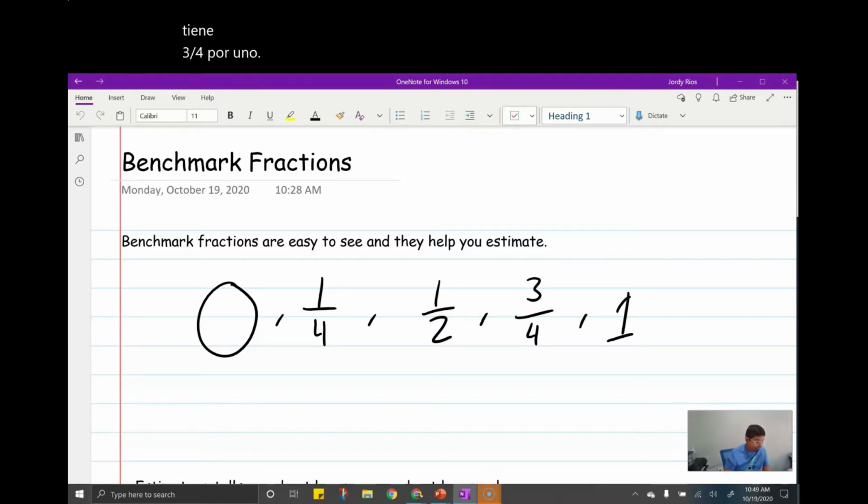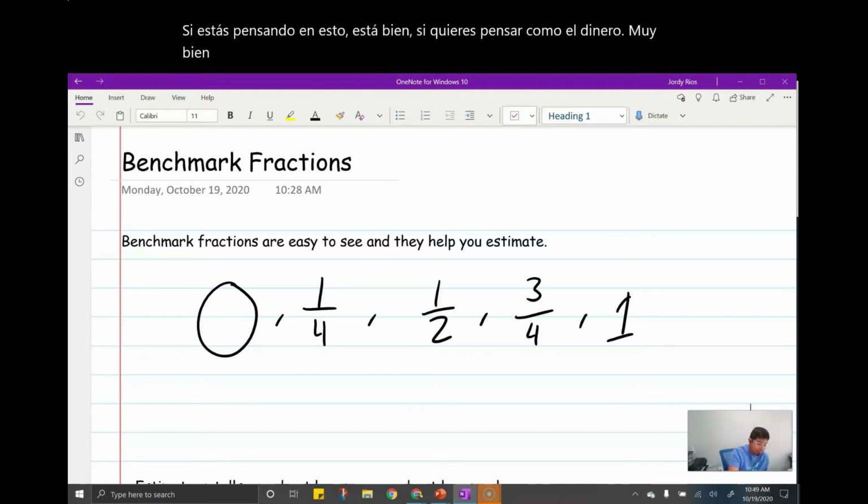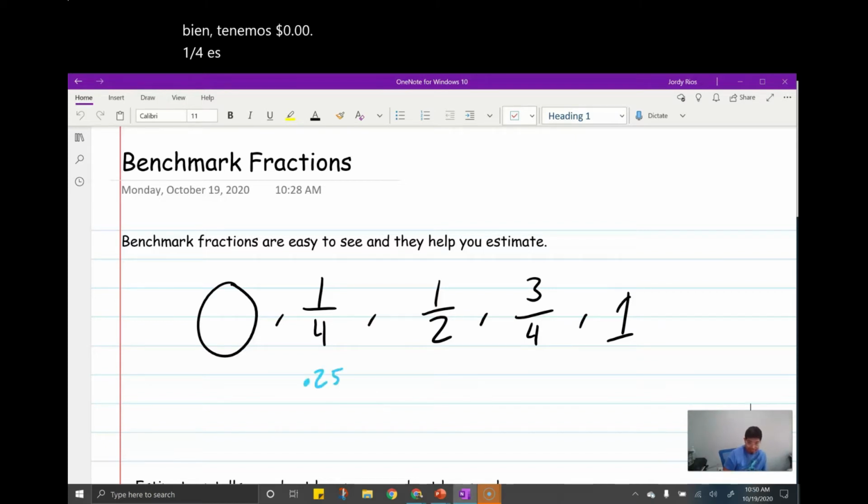Okay. So if you want to think about money, we have $0. 1/4 is the same thing as 25 cents.